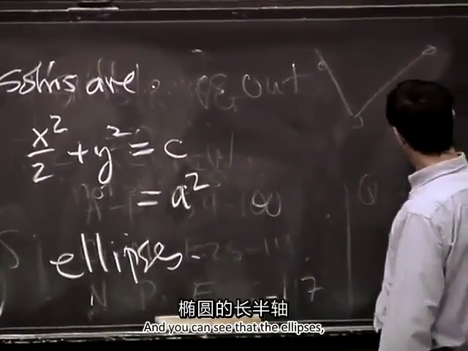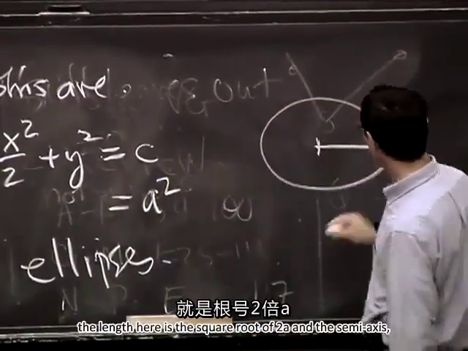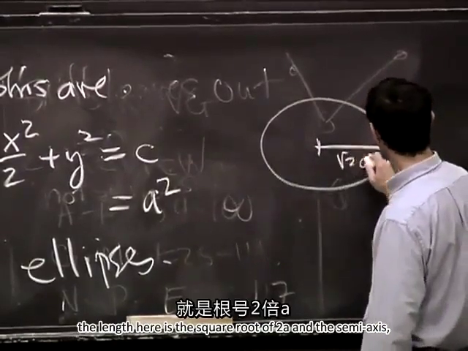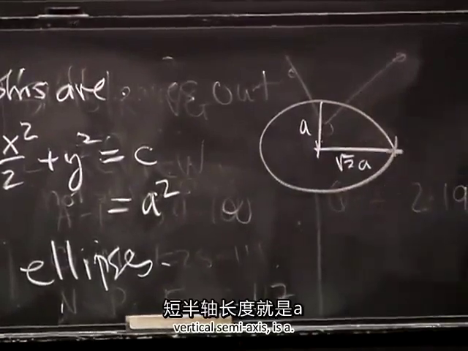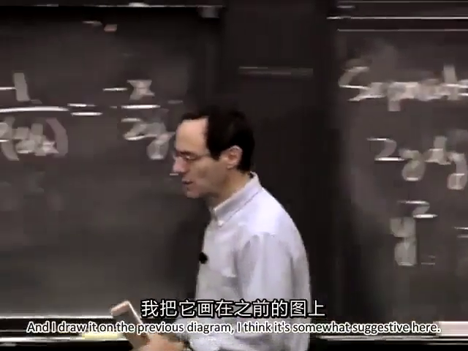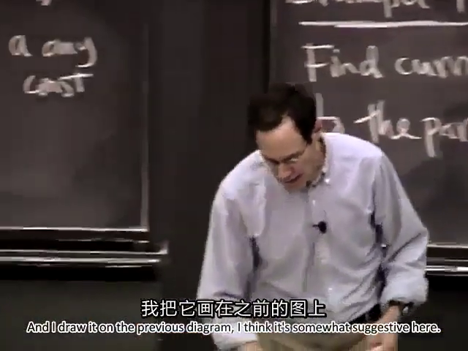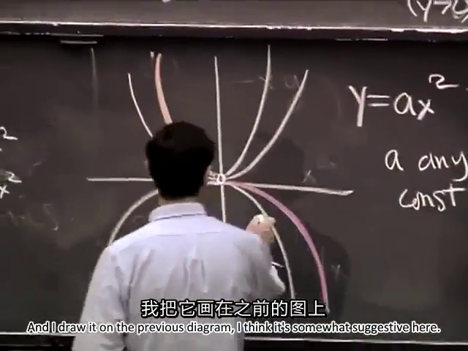And you can see that the ellipses, the length here is the square root of 2a, and the vertical semi-axis is a. So this is the kind of ellipse that we've got, and if I draw it on the previous diagram, I think it's somewhat suggestive here.